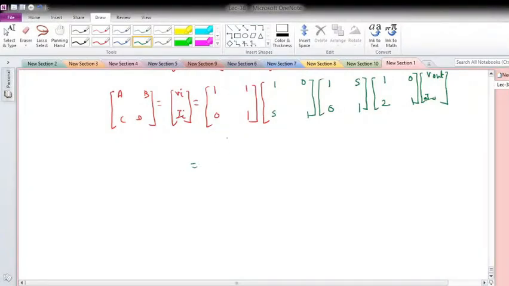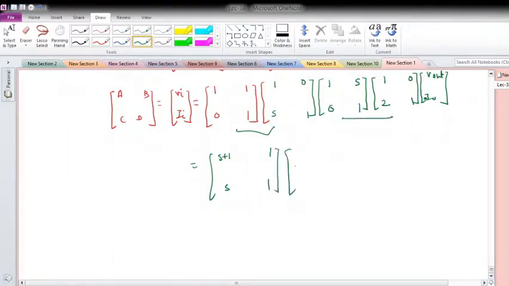So let us multiply these two matrices. 1 into 1 into s, so it is s plus 1, then 1, s, 1.